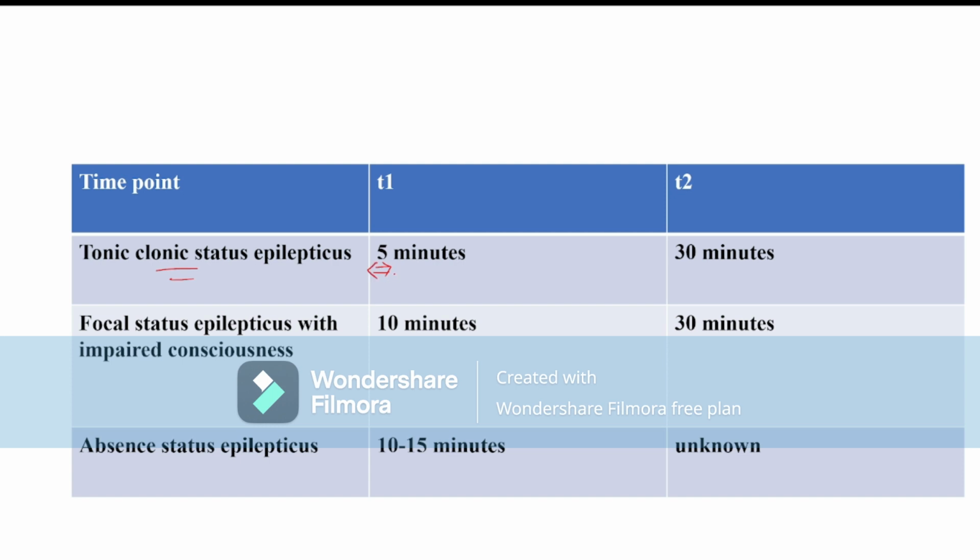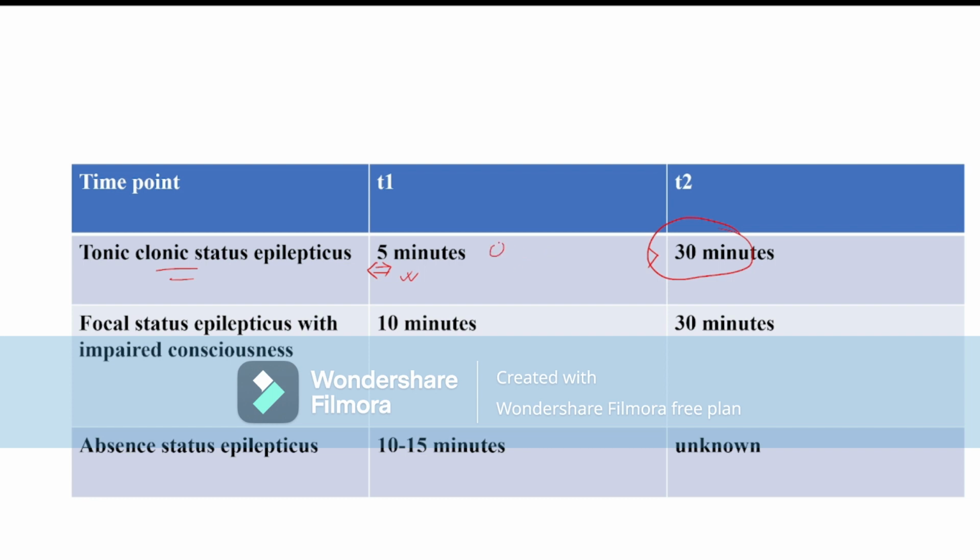That means if a patient has such a convulsion for more than 5 minutes, the patient has status epilepticus. And T2, that means if the convulsion lasts more than 30 minutes, then the patient has some long-term complication.